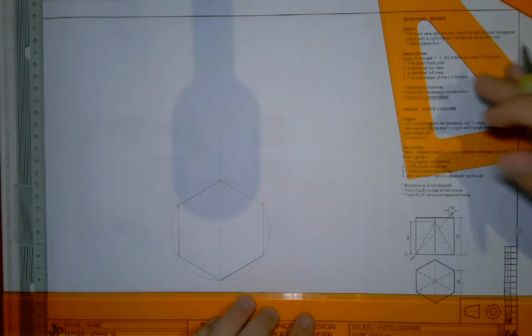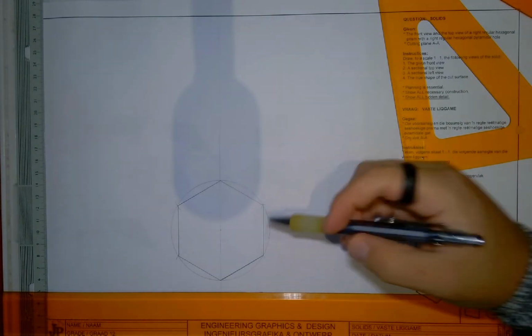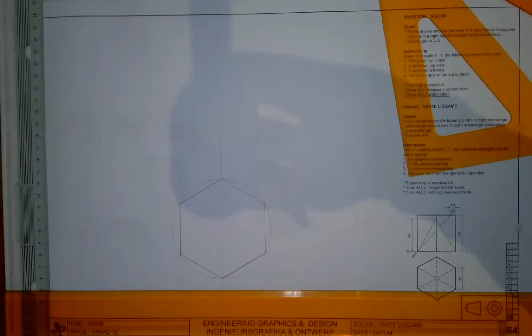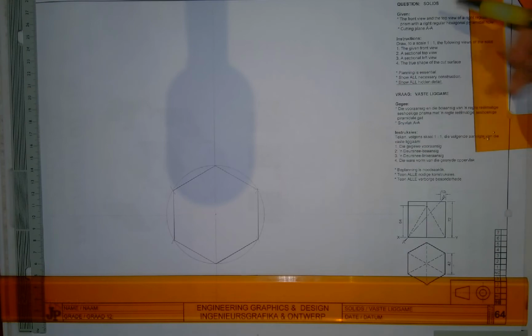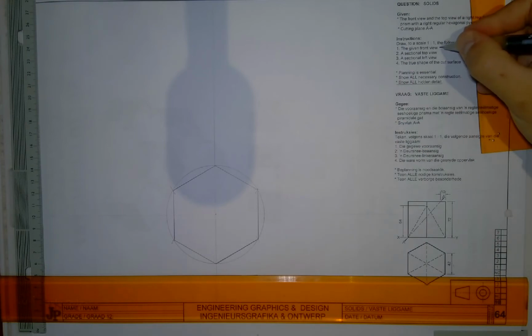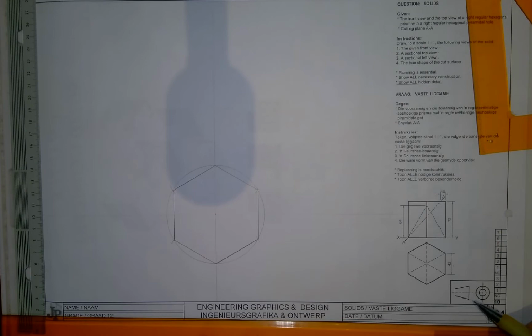Okay, now we need to keep in mind, now we've got this hexagon, that they have asked us to draw the given front view, the sectional top view, and the sectional left view. We have to keep in mind the projection symbol, the orthographic projection.